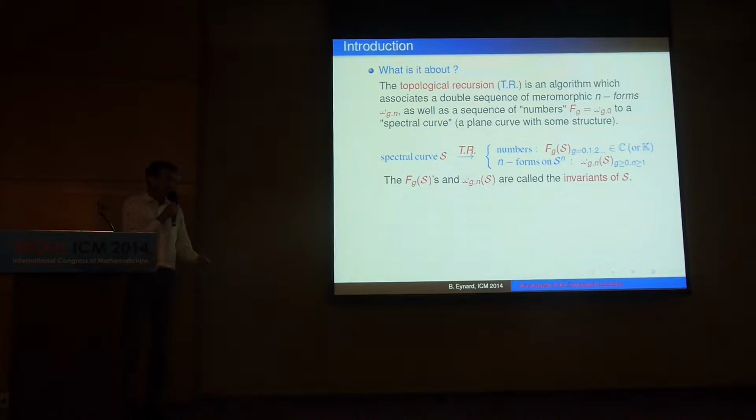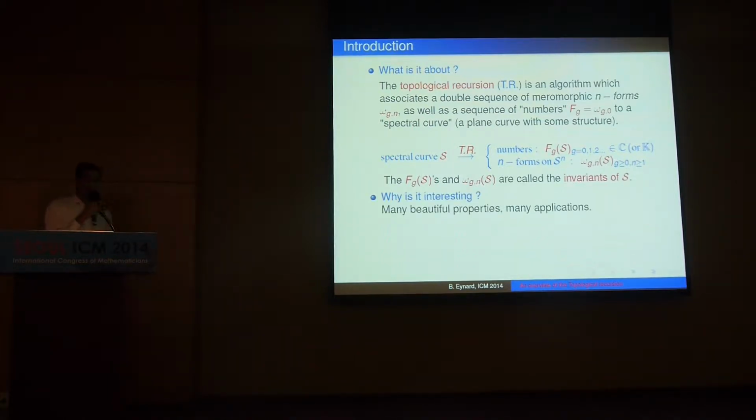I will give the definition later, but why is it interesting to have that? It's interesting because those invariants have many beautiful mathematical properties, like modular forms or things like that. Many of the properties you like in mathematics are there.